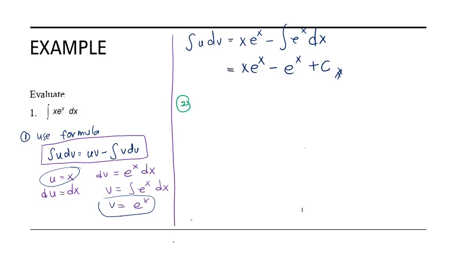Alternative step number 2, we use tabular. Use table. Okay, so how to use table? Okay, so kena lukis table. Dalam table tu must be ada sign. Okay, and then u and dv. So what is u? U adalah differentiation yang kita nak differentiate. dv yang kita nak integrate.